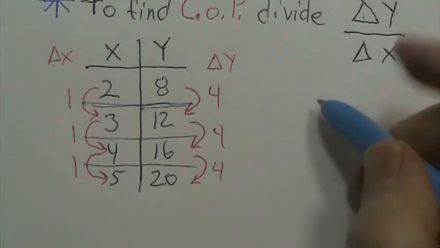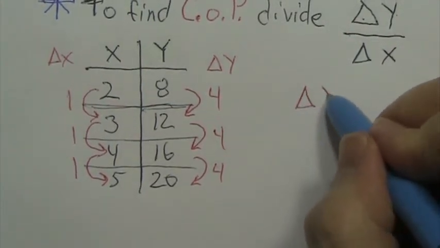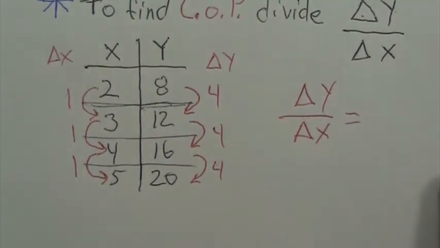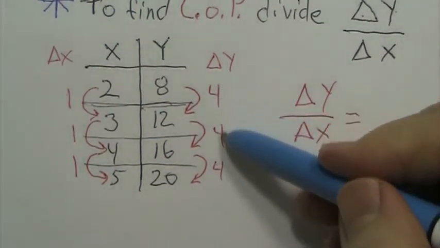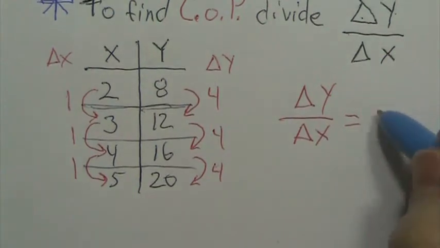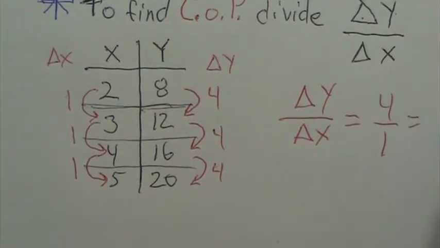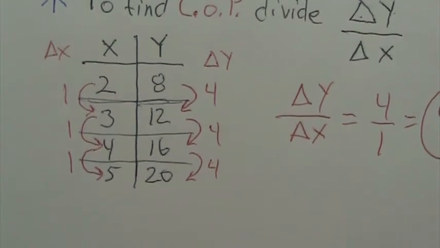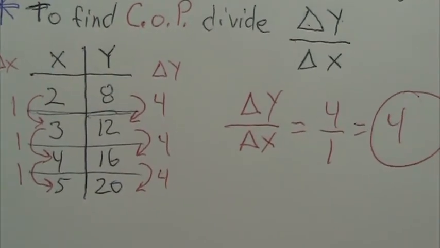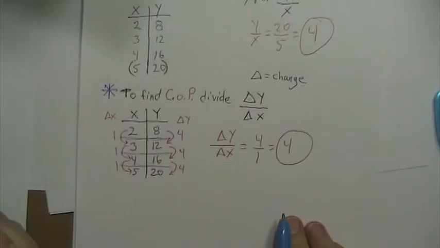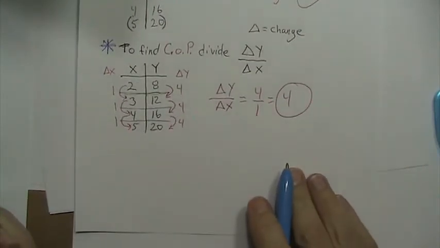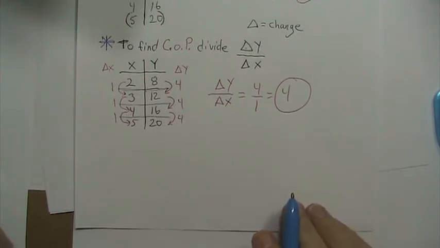So now, if I take the change of y, you'll do this a lot next year, over the change of x, it is 4 over 1. Well, that is just 4. It's the same answer as we got up here. It works.